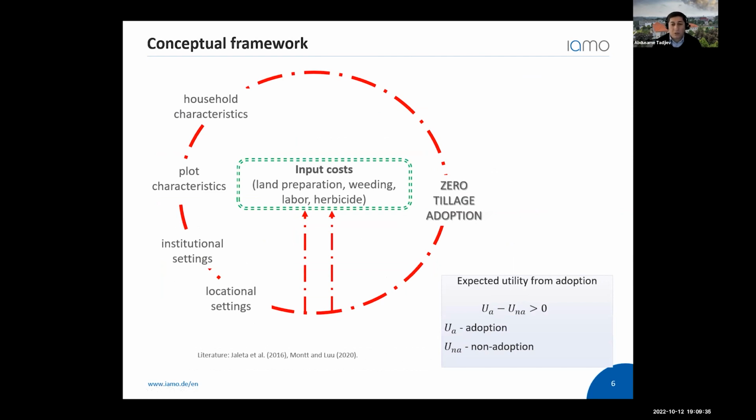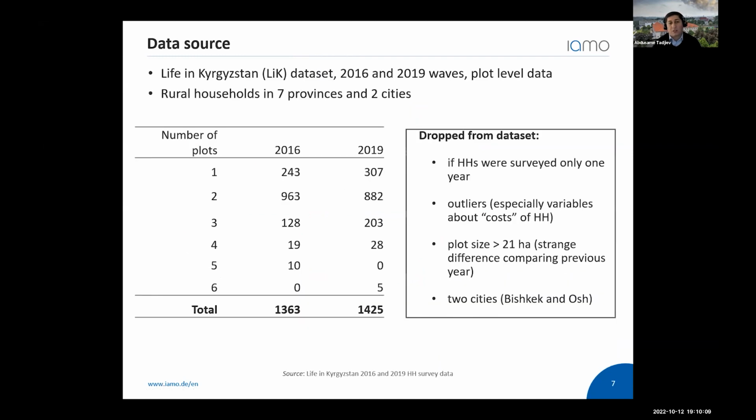We also assume zero tillage adoption will be related to several factors, including household characteristics, plot characteristics, and institutional and location factors, and that adoption of the zero tillage method will influence the input costs. In our case, we are going to measure land preparation, weeding, labor, and herbicide costs. And in our study, we use the Life in Kyrgyzstan dataset.